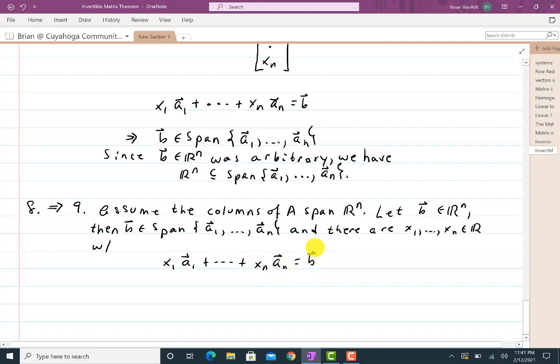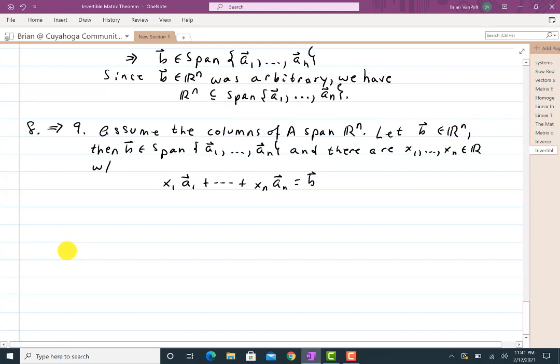And of course, I'm just going to reverse what I did on the last thing. This will be A1 dot dot dot up to AN times X1 dot dot dot up to XN.